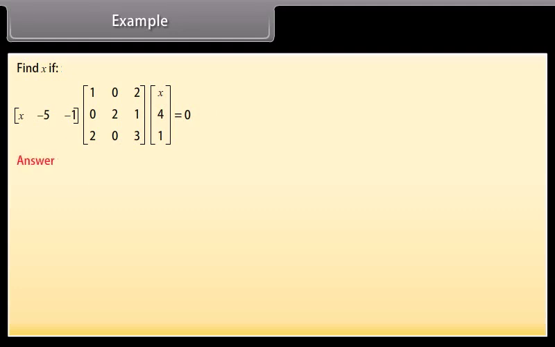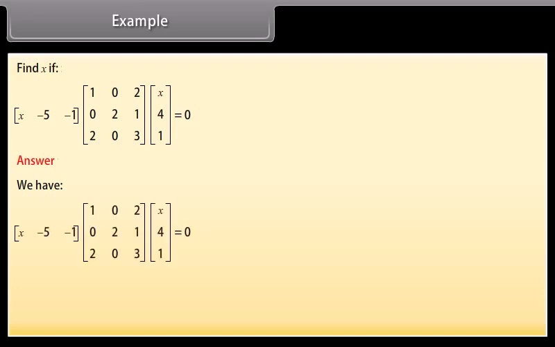Given that, we have [x, -5, -1] multiplied by the matrix with first row 1, 0, 2, second row 0, 2, 1, third row 2, 0, 3, multiplied by [x, 4, 1] is equal to 0.